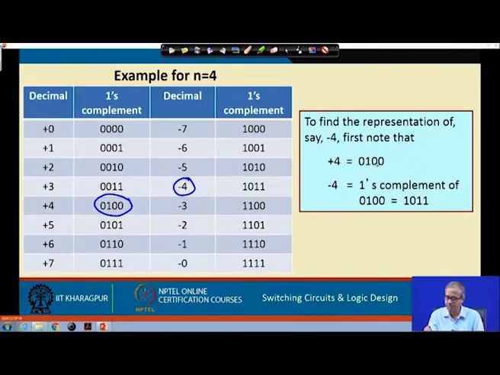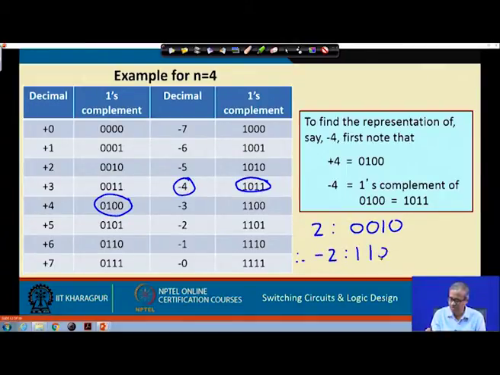Then I take 1's complement of 0 1 0 0. I flip the bits. 0 becomes 1, 1 becomes 0, they become 1 and 1. So, it is 1 0 1 1. This way you can take something, let us take minus 2. 2 means 0 0 1 0. So, therefore, minus 2 will be, take 1's complement 1 1 0 1, you see minus 2 is 1 1 0 1. So, in this way you can calculate for everyone.